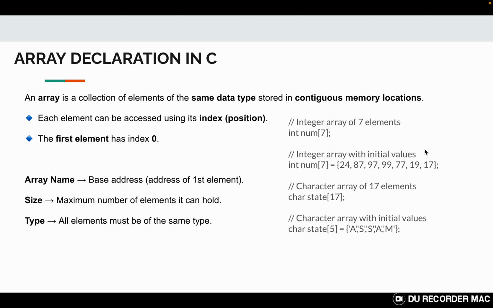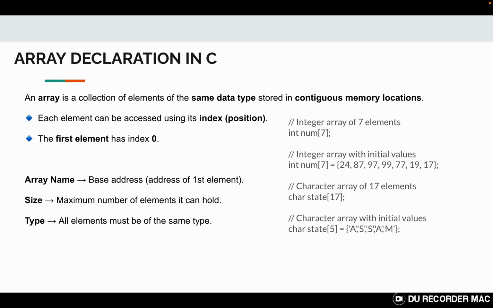Now there are two things when you talk about arrays. One is the declaration of the array, and another is how you are accessing the array. When we talk about declaration of the array, initially we need to declare the size of the array, that is, how many elements it can store.